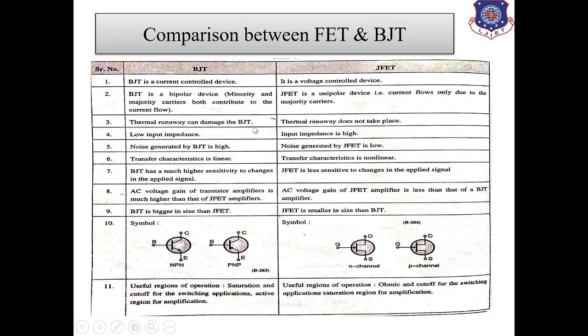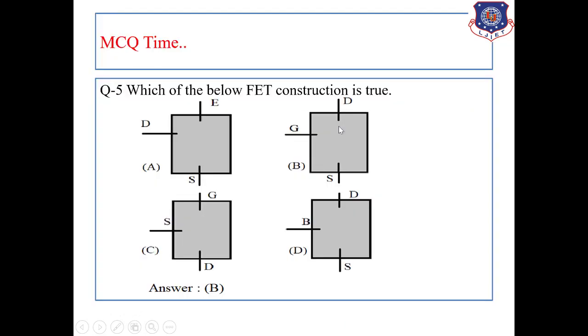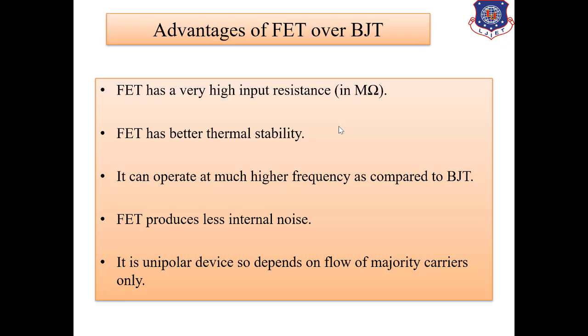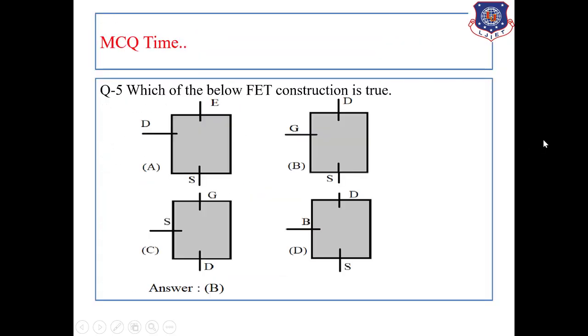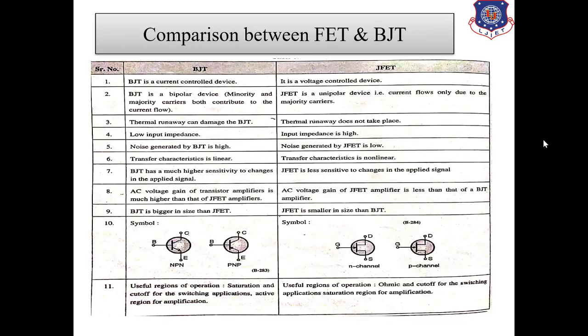The bipolar junction can be damaged easily because of high temperature. But thermal runaway does not take place in JFET, because, as I explained, the advantage of FET over BJT is better thermal stability.